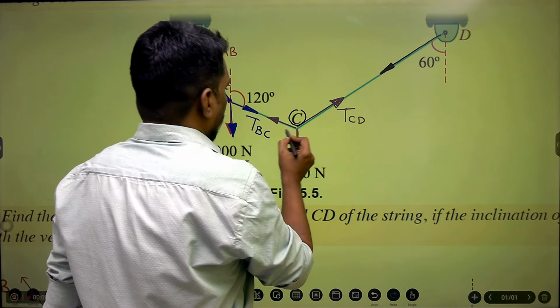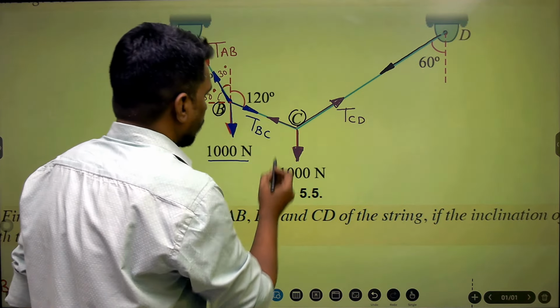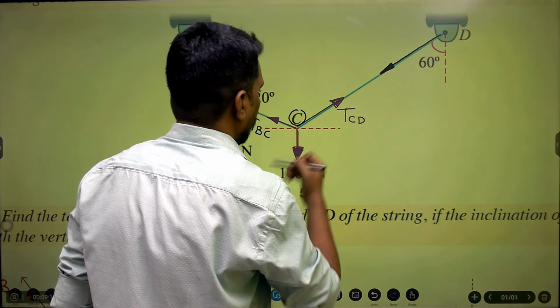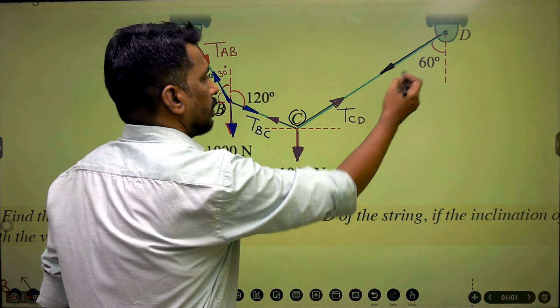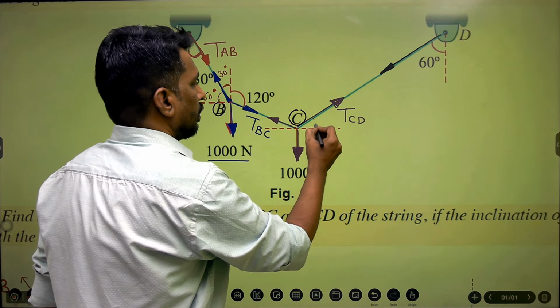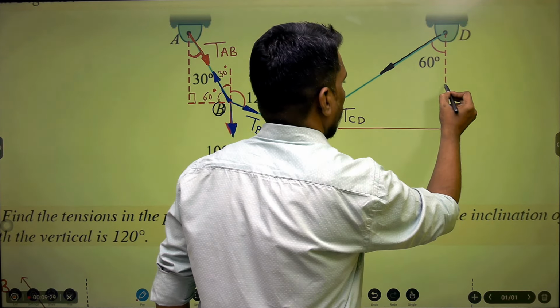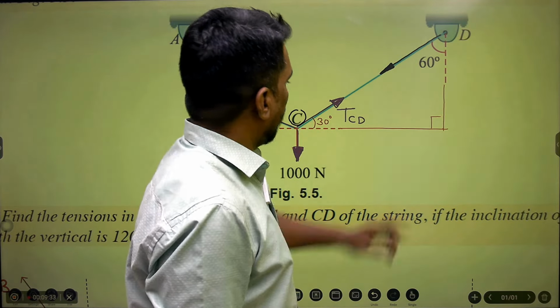And if I come over here, if I draw a horizontal line through point C, then you can see here, this is 60 degrees, so of course this is 30 degree, because if I consider this and this, so this becomes 90 degree. So 60, 30 and 90.